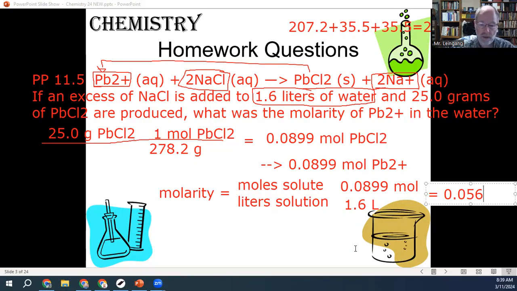Looking at my numbers, am I going to round up or round down? Well, 1.6 is 2 significant figures, so my answer is going to be 2 sig figs. I'll keep the 2 highest place values. I look at the next one, which is 1, and ask, do I round up or round down? In this case, it rounds down. So 0.056 molarity.